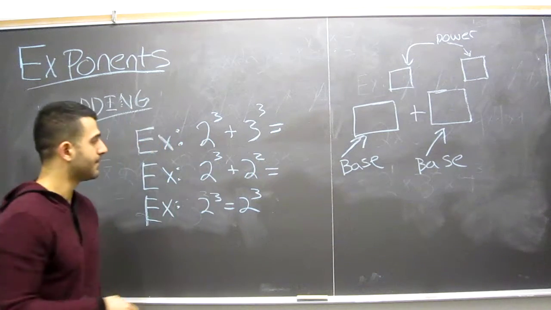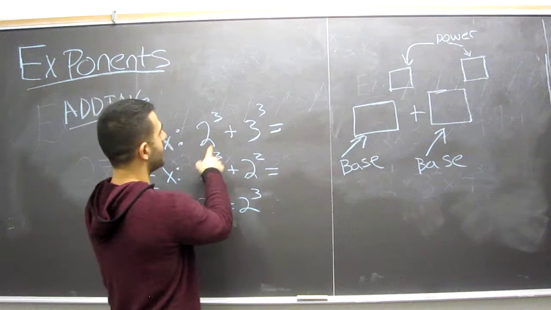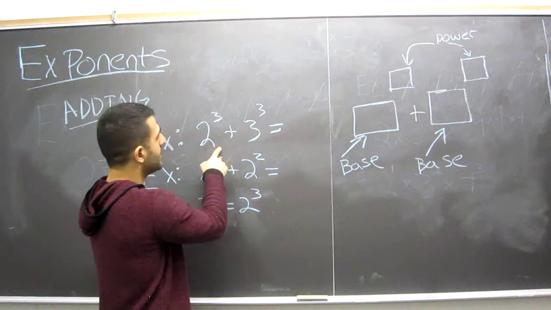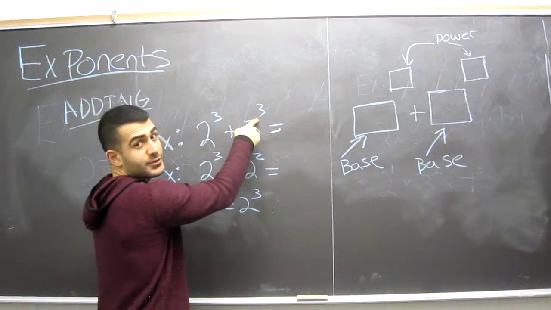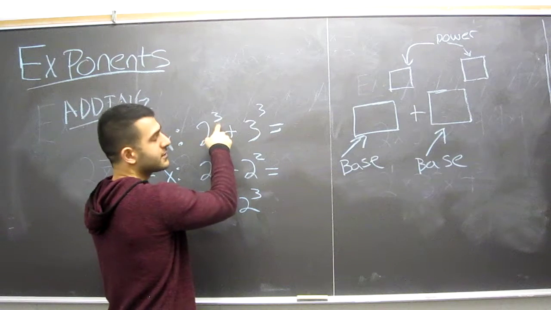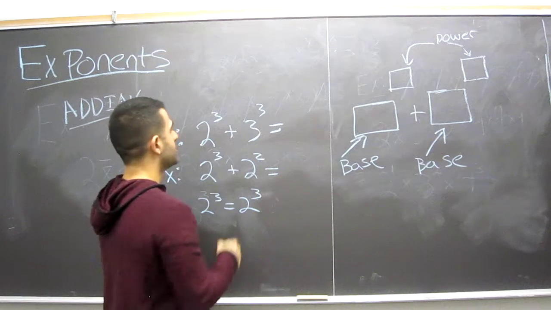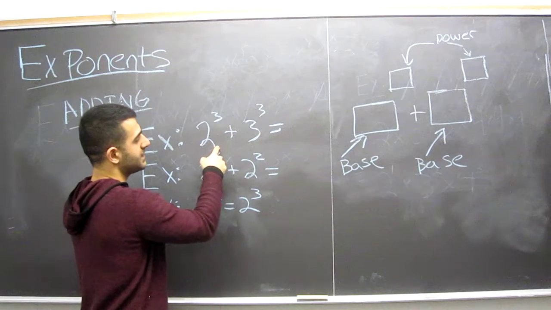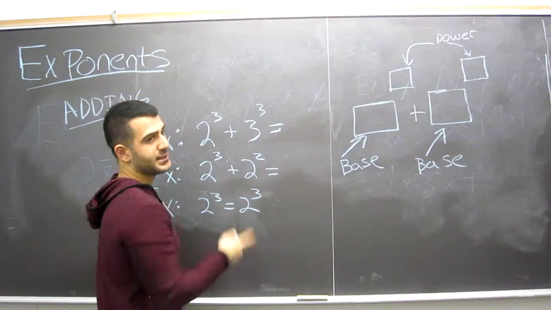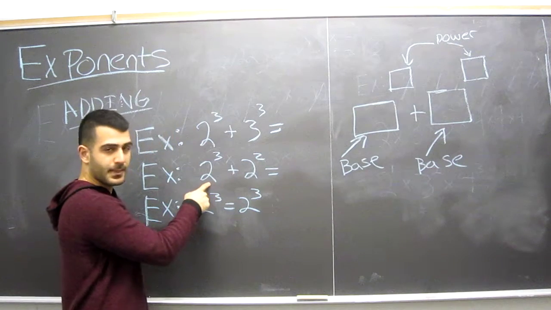Okay, what about this one? So in this case, let's see what happened. Sorry, my mistake. The bases weren't the same, but the powers were the same. So the bases were not the same, so that's why it didn't work. What about this one?